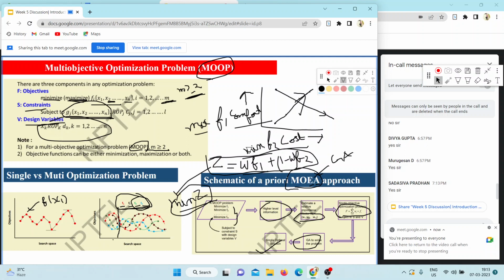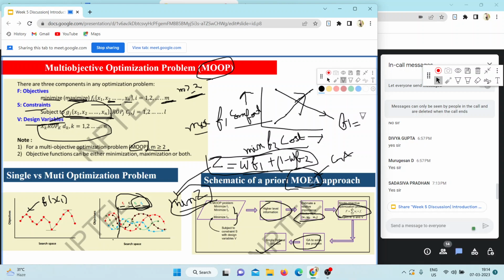Square value. We don't need to square, right? If f1 is something like x square, that we don't care, right? F1 is your x square or x cube, that we don't care. We are only multiplying a weight with your objective function. So that is what we are doing.